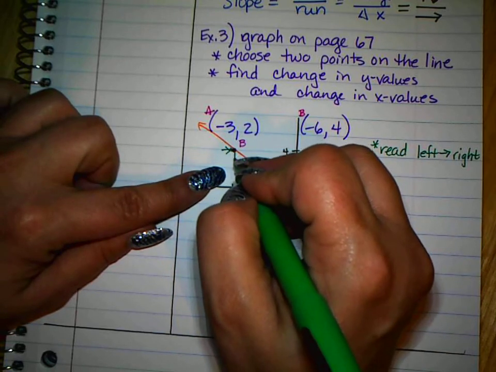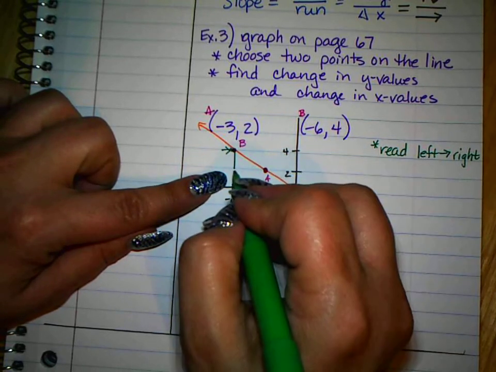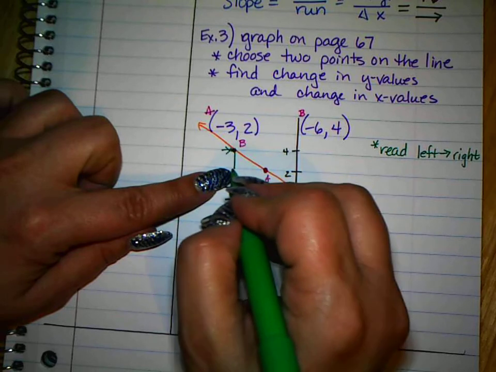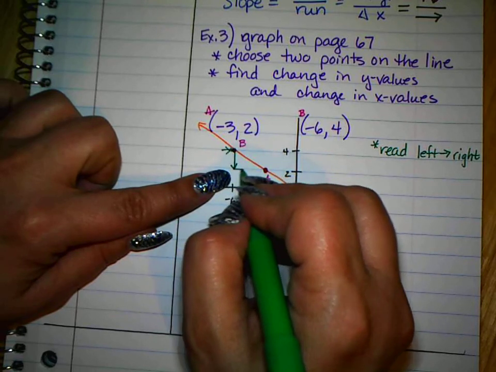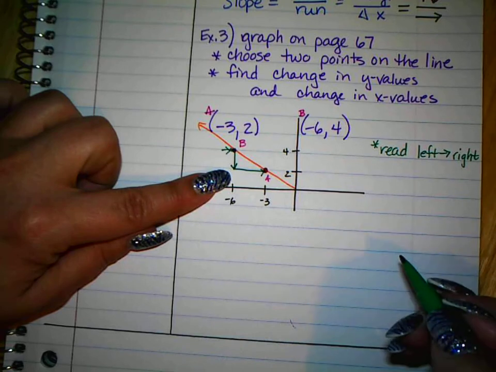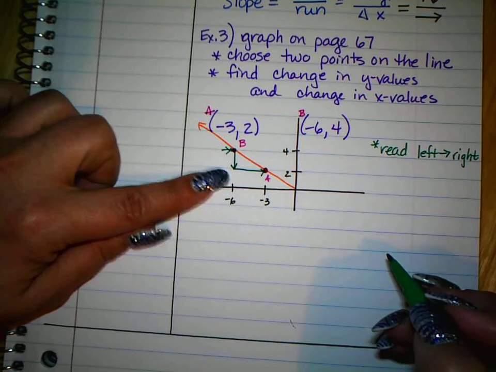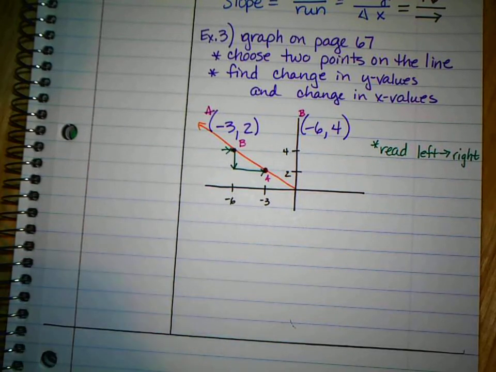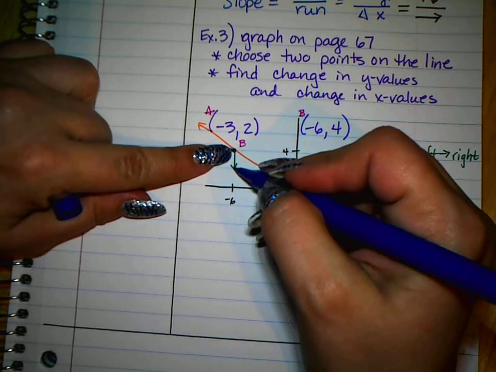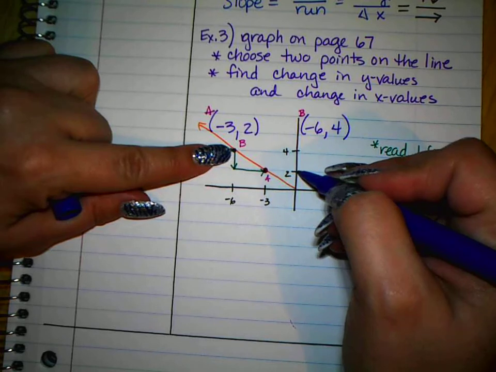So I'm going to come straight down to where I'm directly across from my A. And on my graph, I'm going to go, okay, if I start here and I come down, how many units did I come down?